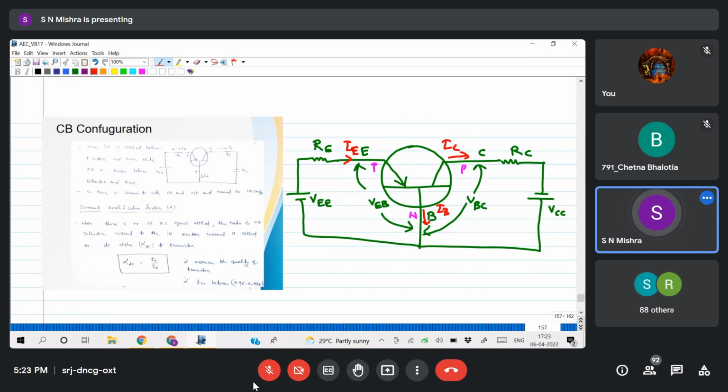So this is the way we'll draw the circuit diagram. Understood how to draw the circuit diagram? You can also ground it. So first orient the transistor such that you know which terminal is common. Then you bias the emitter base junction and collector base junction with some resistor. Then you name the current components and voltages.